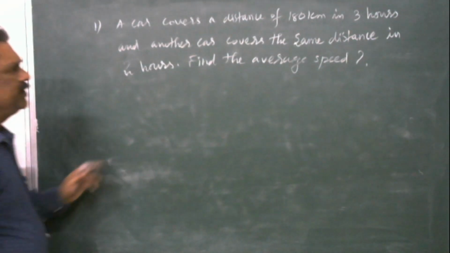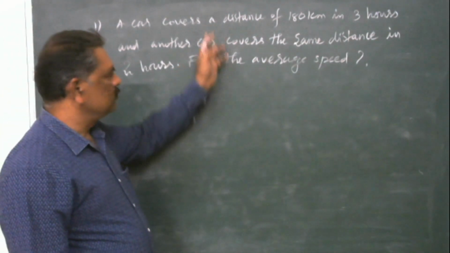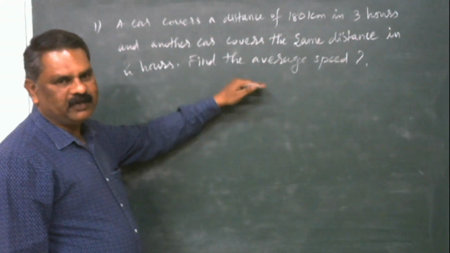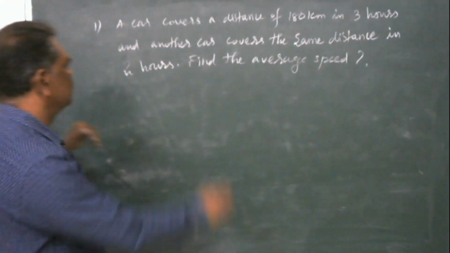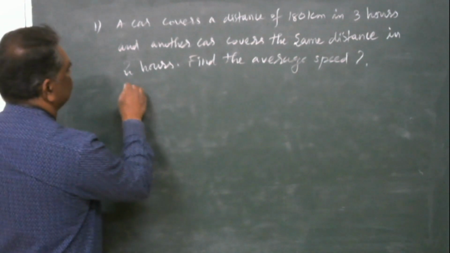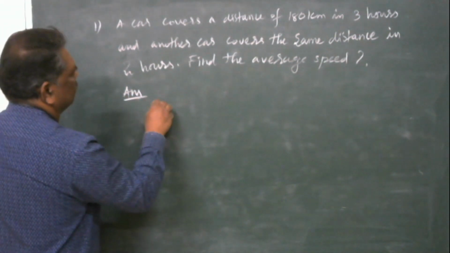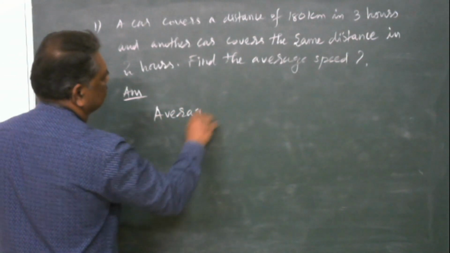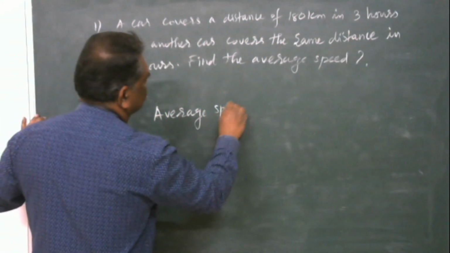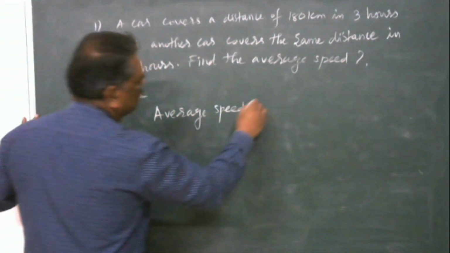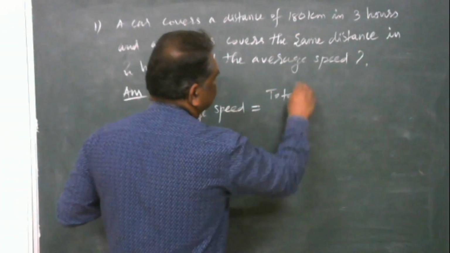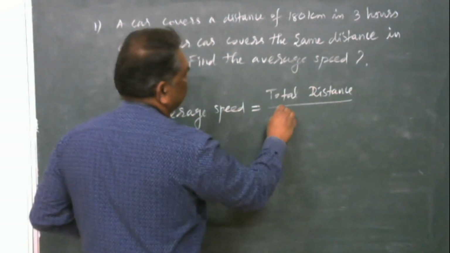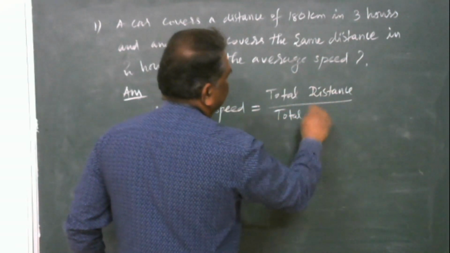First of all, we need to know the speeds of both the cars. The distance is the same, so we can use the second formula or we can use the first formula also. If we use the first formula, it is very simple: average speed is equal to total distance divided by total time.